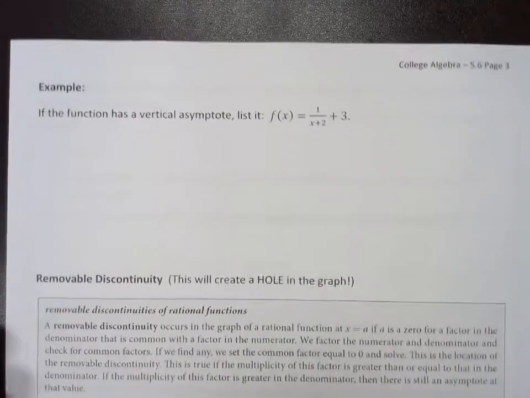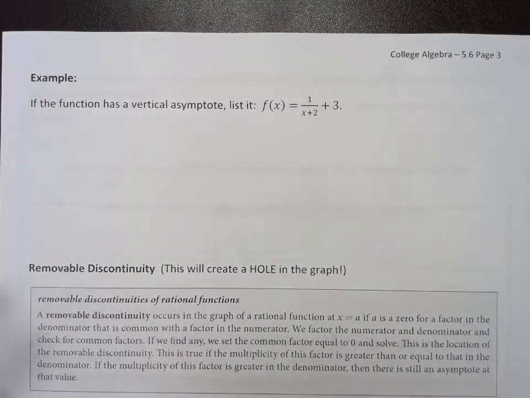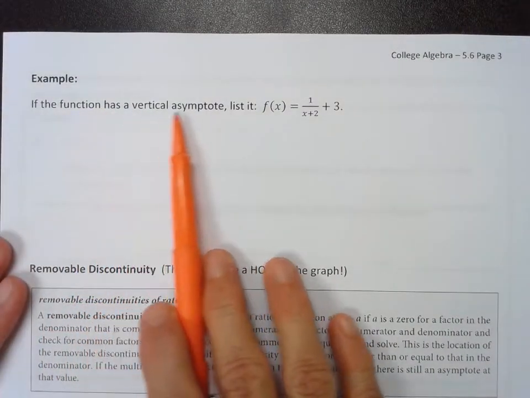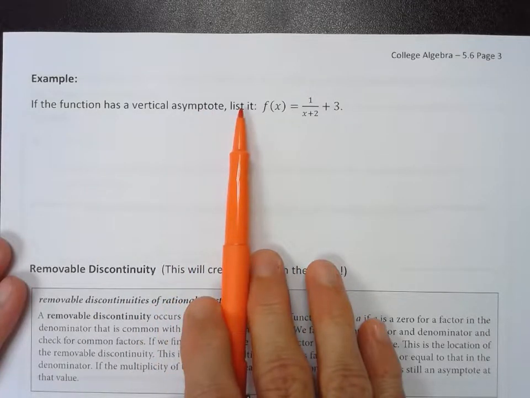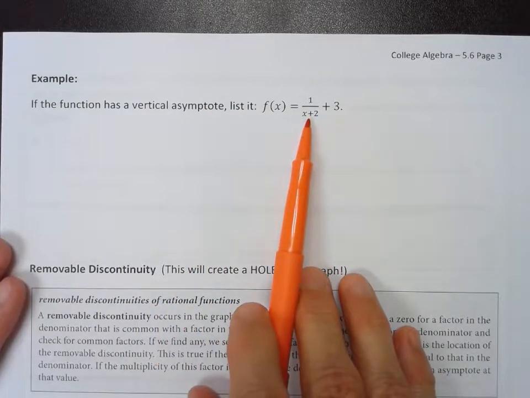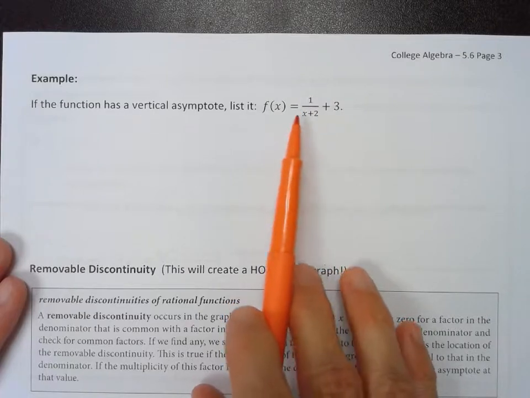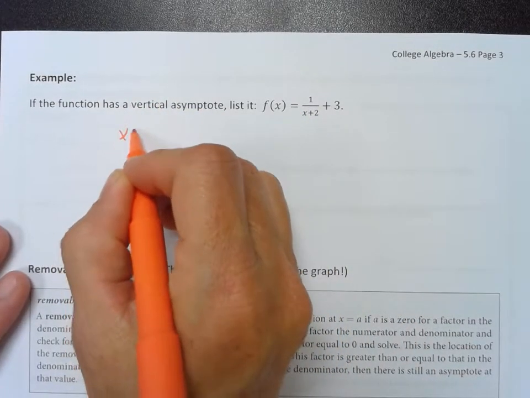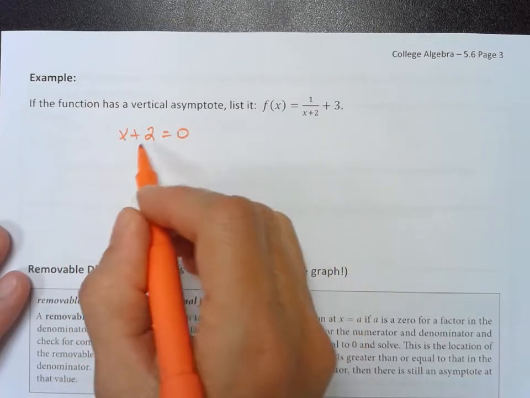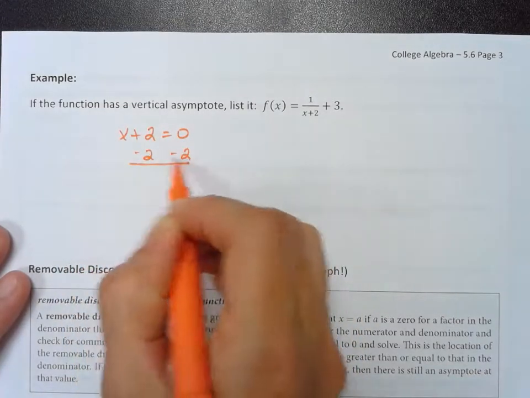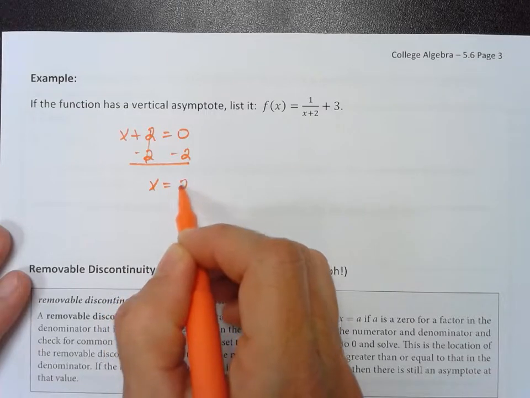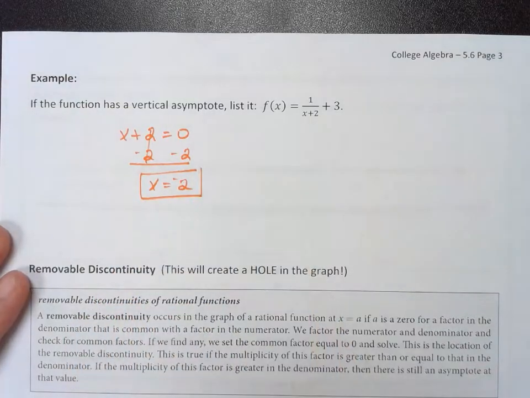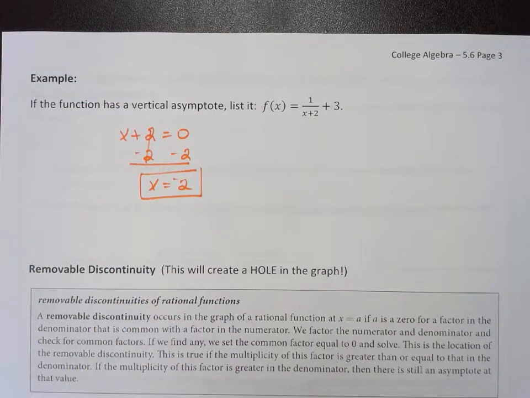So that problem we were just talking about, this is the same one. If this function has a vertical asymptote listed, well, the denominator can't be 0. That's where your vertical asymptote is going to occur. So you have a vertical asymptote at x plus 2 equals 0. You have a vertical asymptote at x equals negative 2.